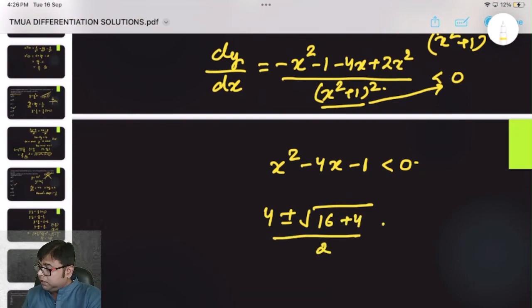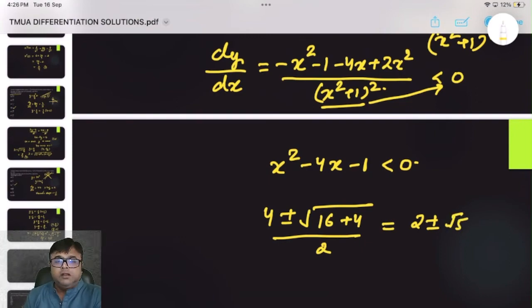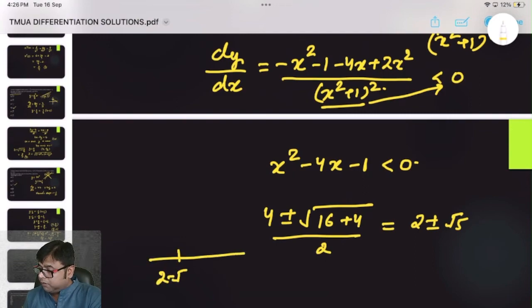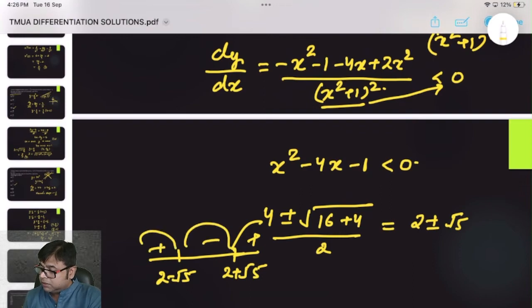So this gives me 2 plus minus root of 20 by 2, which is root 5. This is what I'll get. So I know whenever we have 2 minus root 5 and 2 plus root 5 as roots, by the method of intervals, which I've covered in the quadratic equation video, this is plus minus plus.